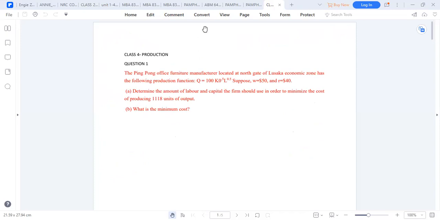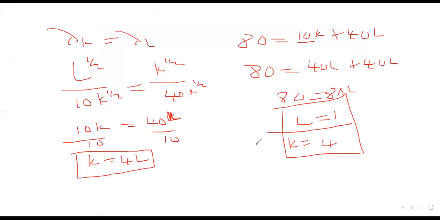Excuse me, sir. Can you share the screen where we were equating the lambda for K and L? Is the replacement for lambda for L supposed to be K or L?